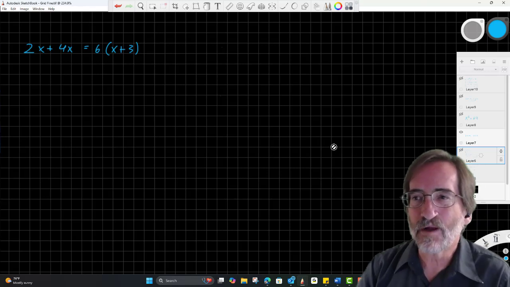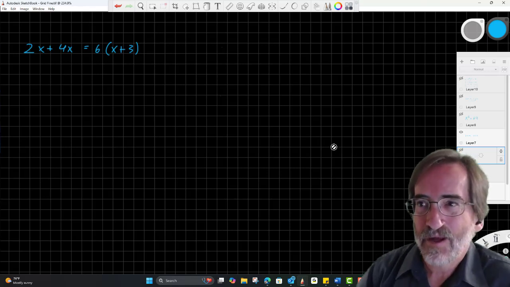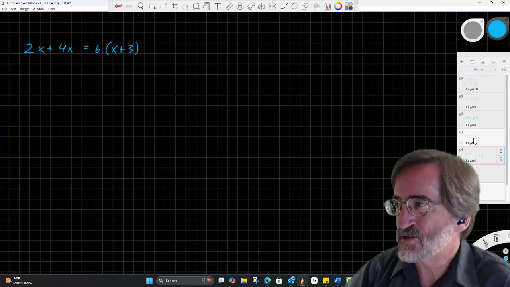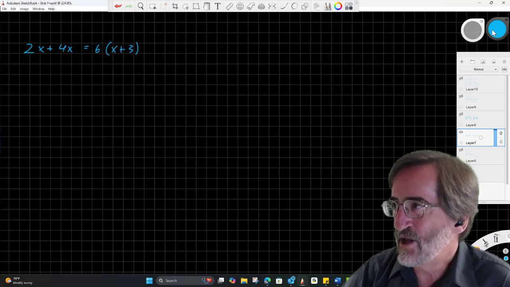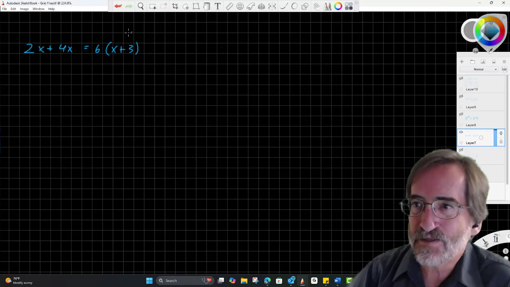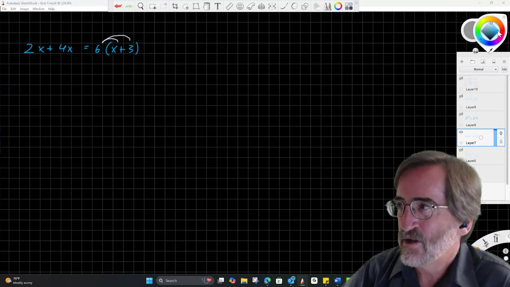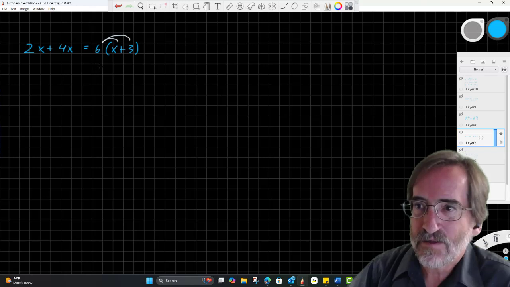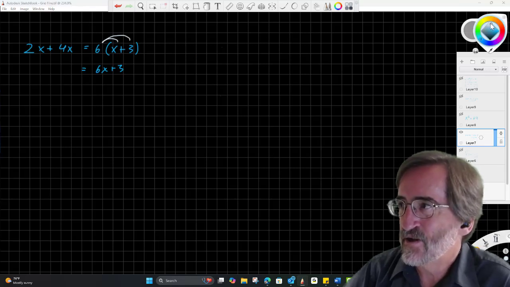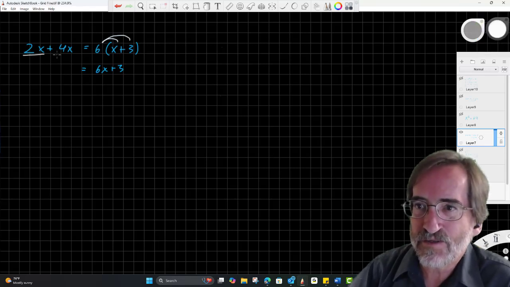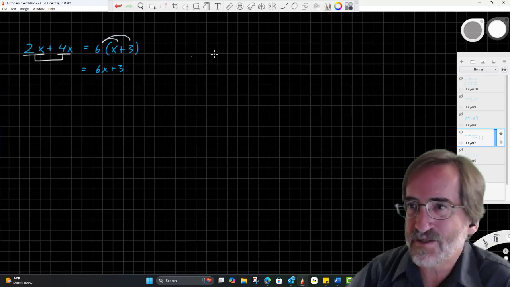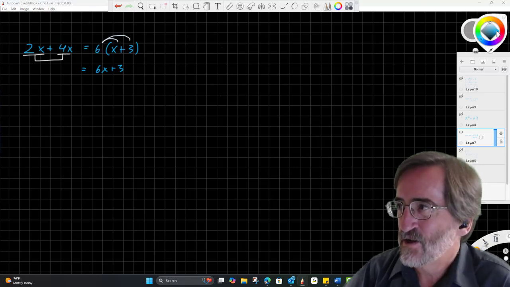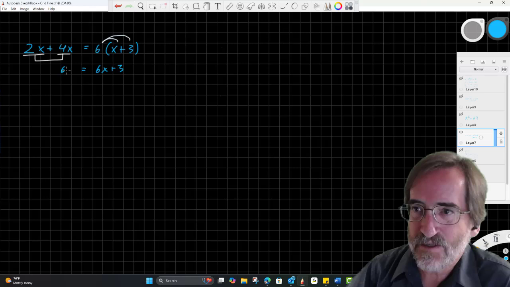Okay. Consider this problem here. I'm going to distribute the 6 and see what we get here. 6 times x plus 6 times 3 gives me 6x plus 3. Combine like terms on the left side. 2x's plus 4x's are 6x's. And so I get 6x.